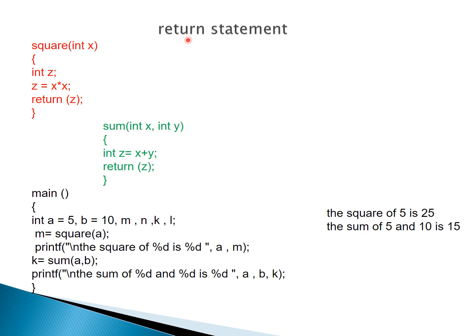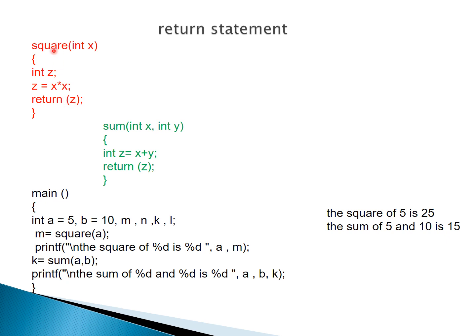So this is the return statement. Basically, this return statement actually returns the control and the value. Whatever value is enclosed in the bracket will be returned back to the calling function.